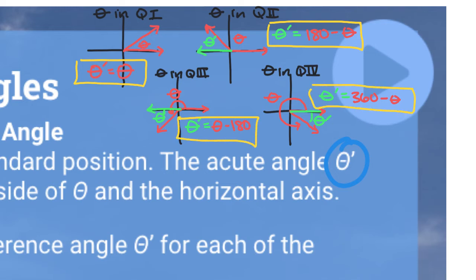It is a little tricky though, because all of these formulas that I've given you are in degrees. But if you want to convert them to radians, all you have to remember is that 180 degrees in radians is pi, and 360 degrees in radians is 2 pi.